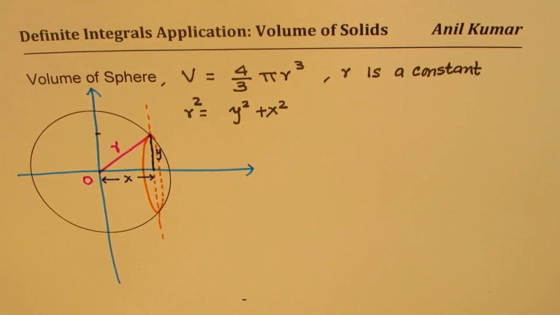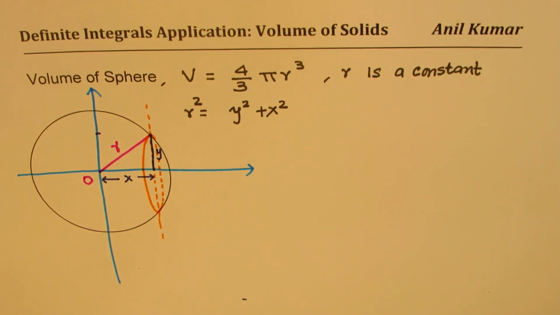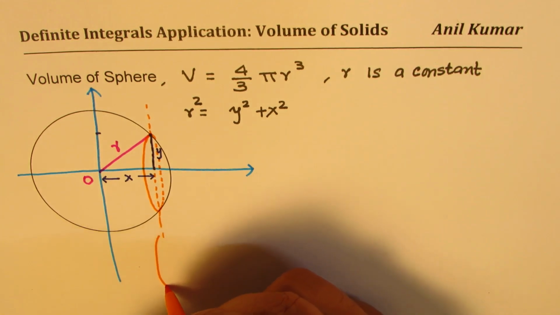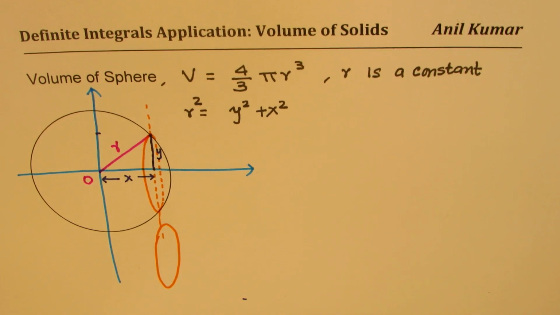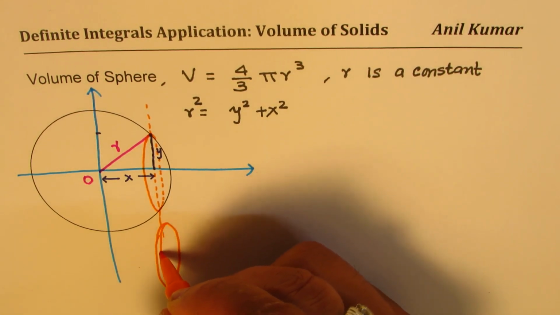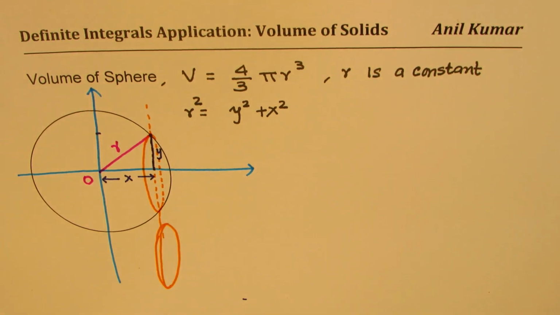Correct? Now, as far as this slice is concerned, let's look into this slice in more detail. So let's say we have this slice, which is a disc, right, of a thickness. Let's give some thickness to this disc. So what is the area of this?